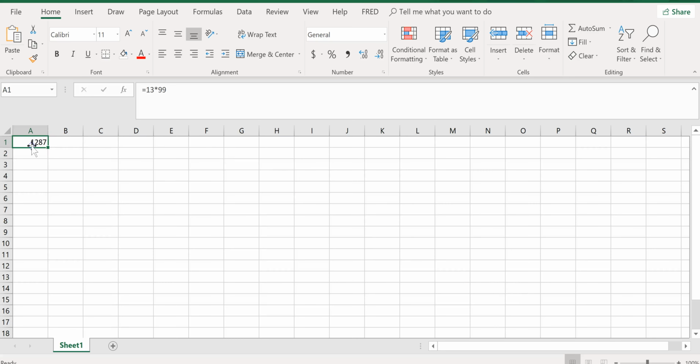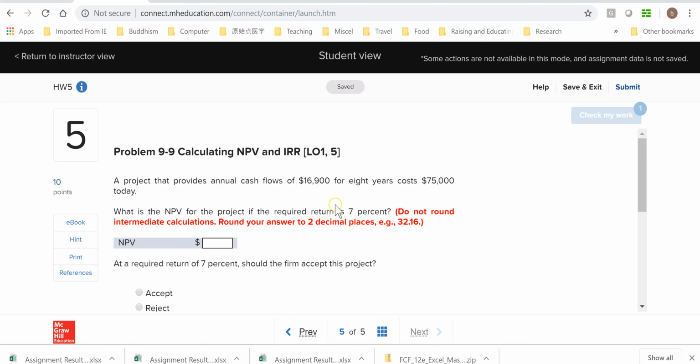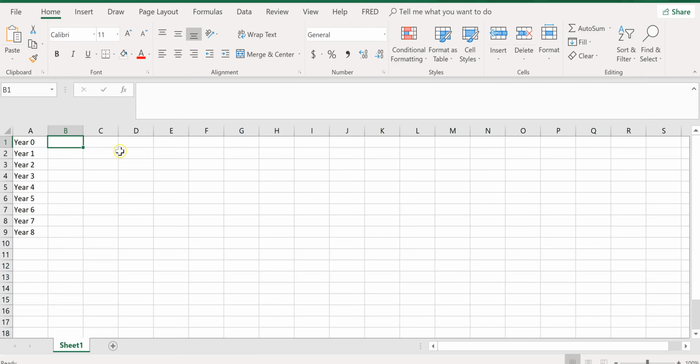One way is to use Excel to solve this problem. I can put down the annual cash flows. So we have 8 years, and year 0 is the current cash outlay, the cost for the project, $75,000.